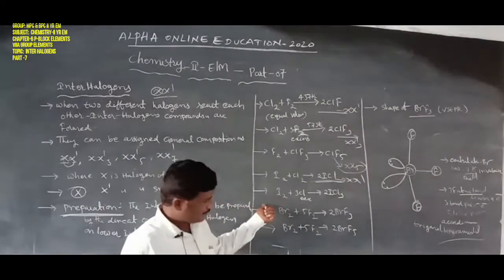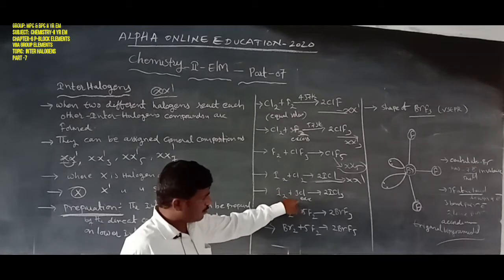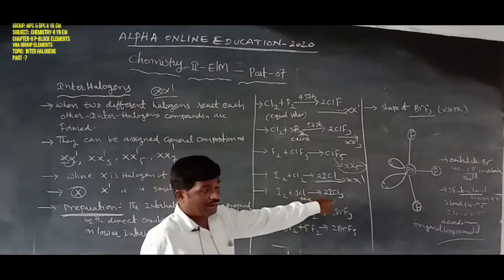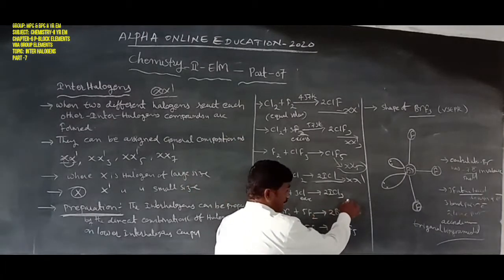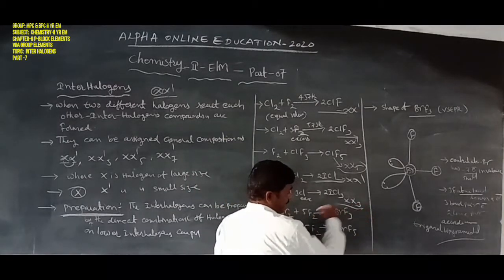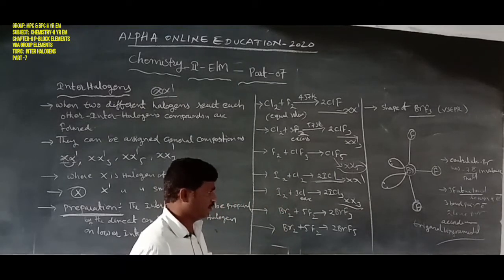Next, another one: iodine reacts with an excess of chlorine, 3 moles of chlorine, to form ICl3, which is of the type XX-3, also known as an interhalogen compound.